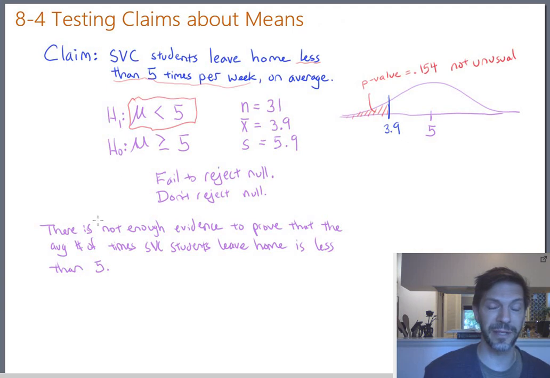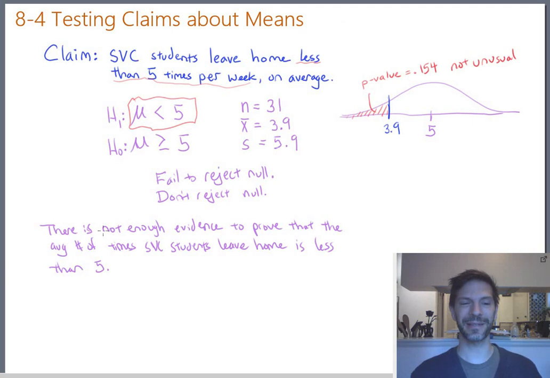So the sentence says, there is not enough evidence to prove the alternative. There's not enough evidence to prove that the mean, which was the average number of times SVC students leave home, is less than 5. So I couldn't prove it. I could not say the null was a lie. Might be, but there's not proof here.